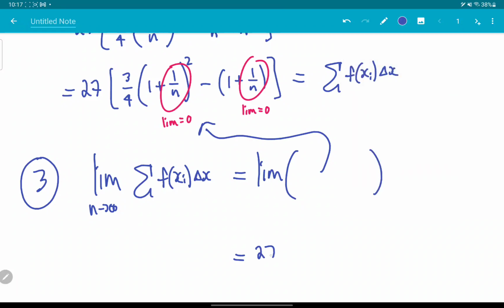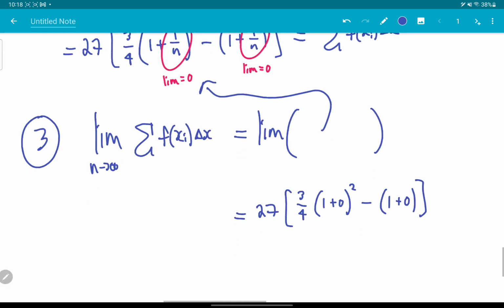So I get 27, bracket 3 over 4, 1 plus 0 squared minus 1 plus 0, close bracket. So what do you get? 27, 3 quarters minus 1, which is negative 27 over 4.